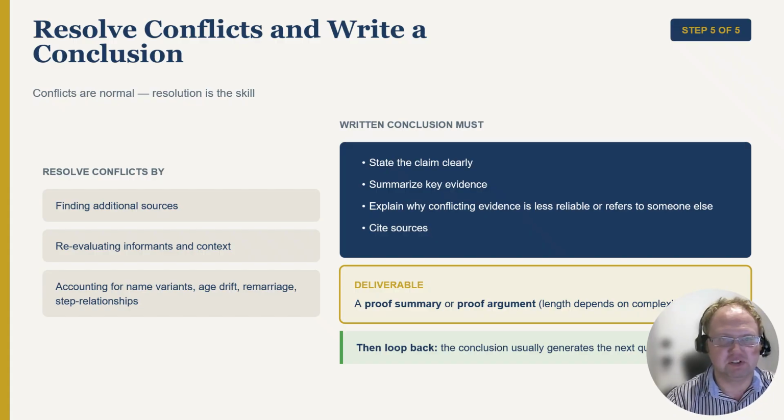Conflicts are completely normal in genealogy. Ages drift in census records for various reasons. They asked the neighbor, who only slightly knew. Some people felt embarrassed that they were getting older, particularly women. Not to be sexist, but there are documented cases where even Abraham Lincoln's wife lied on the census records.